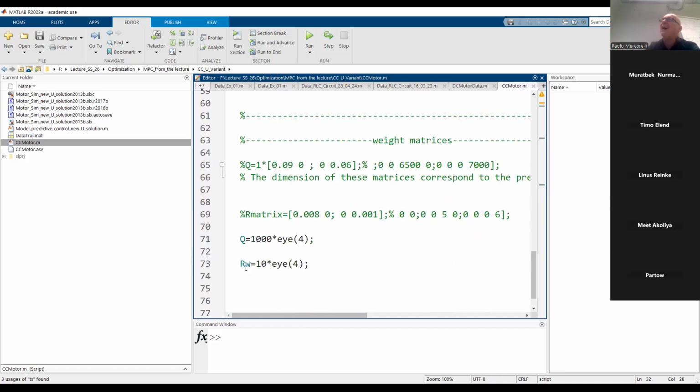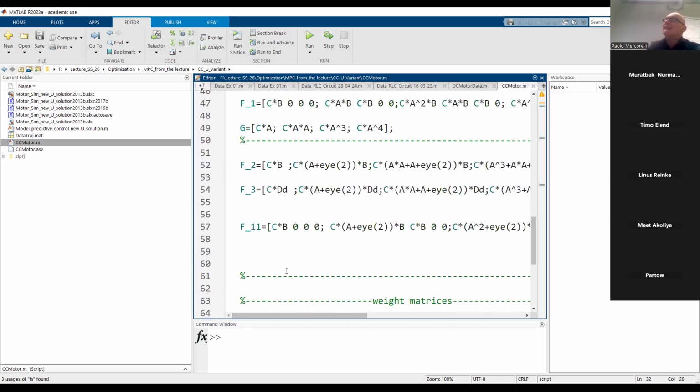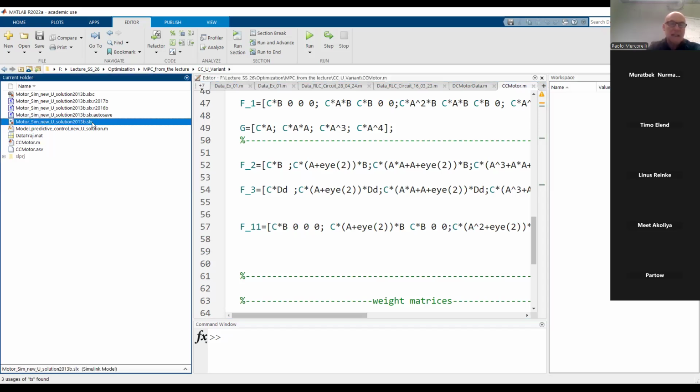Here I put Q and R, even though I think I reconsider Q and R specifically in each application. Let me open Simulink. Why did I put it here again? Because I use just one M file for all possible variations. We have seen different variations. I will continue this a little bit, but just in the part of the lecture of last time.